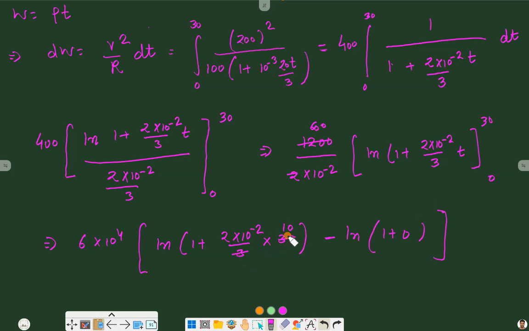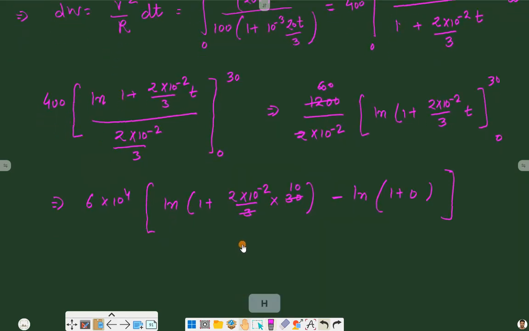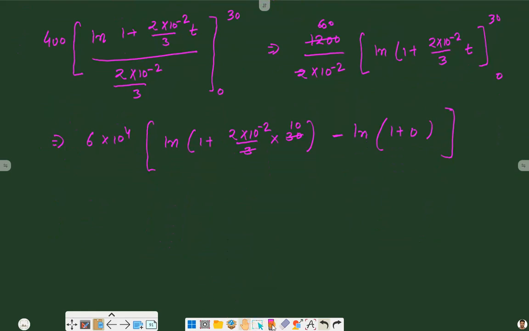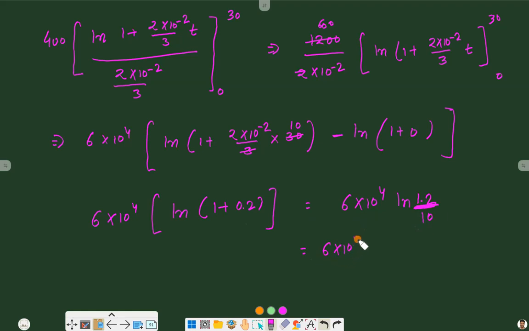So this will be 6 into 10 raised to power 4 into ln of 1 plus 0.2, and 6 into 10 raised to power 4 ln of 1.2, or we can say ln of 12 by 10, which is 6 into 10 raised to power 4 ln of 6 by 5.